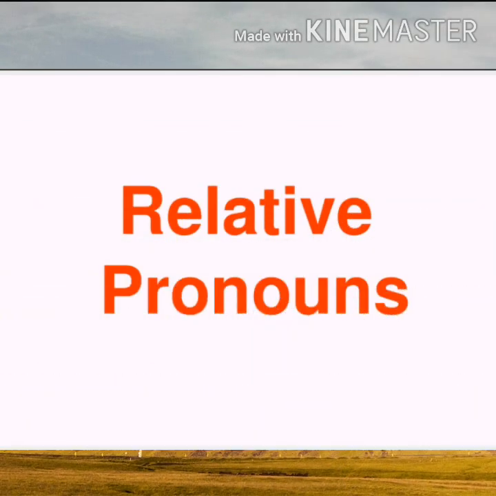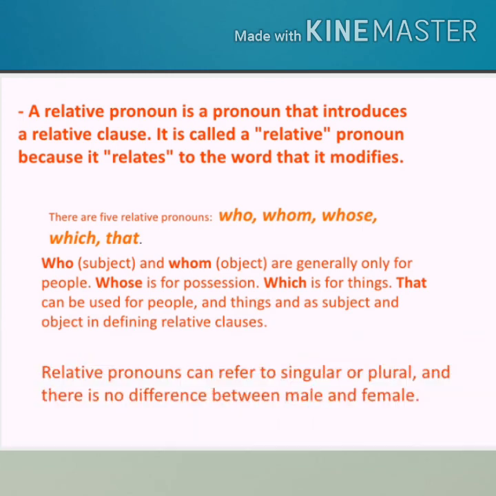Now let's see relative pronouns. A relative pronoun is a pronoun that introduces a relative clause. It is called a relative pronoun because it relates to the word that it modifies. There are 5 relative pronouns: who, whom, whose, which, and that. Who is used for the subject while whom is used for the object.